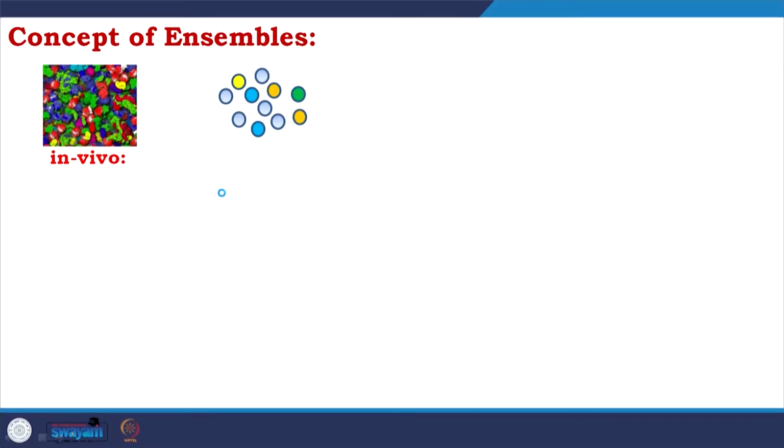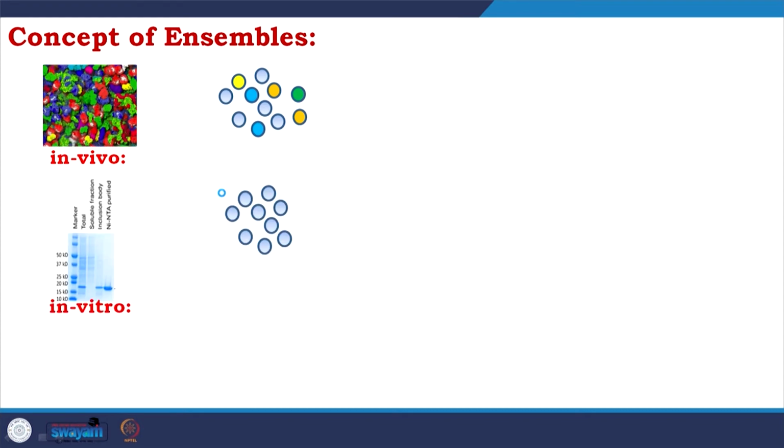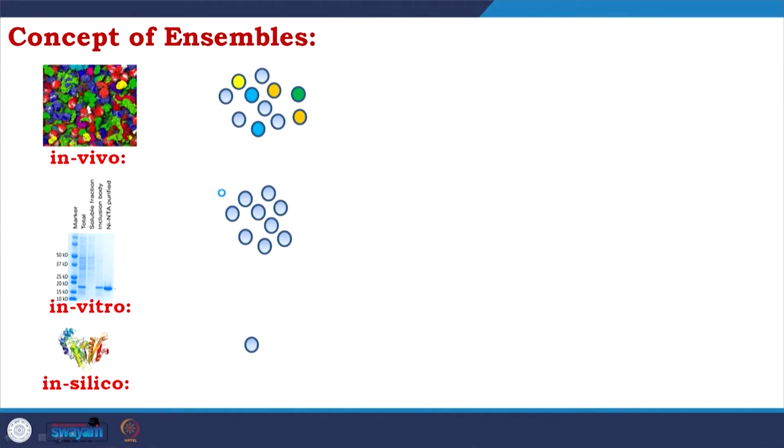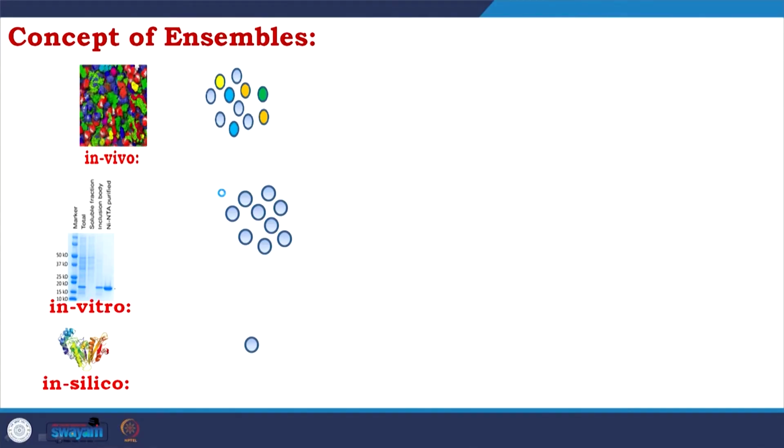Before going into that, I will take you to a previous slide which I have already discussed, the 3 systems: in vivo, where I told there is a mixture of proteins; in vitro, where you have one protein but in many numbers; in silico, where you have proteins depending on how many you want, one, and second, you have the coordinate information.